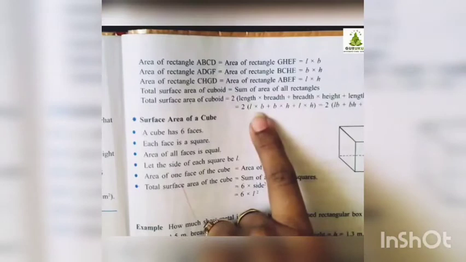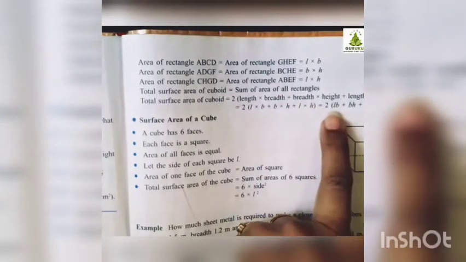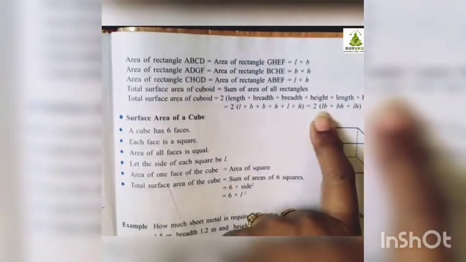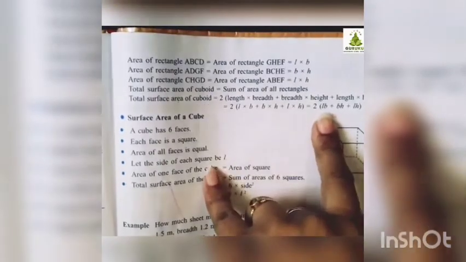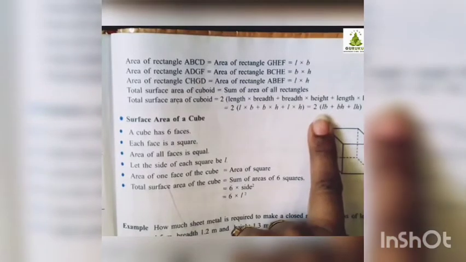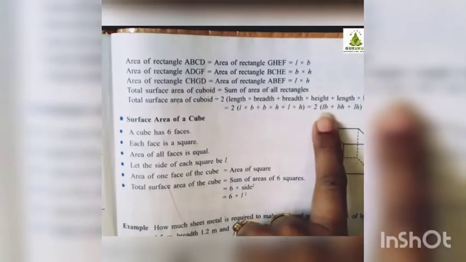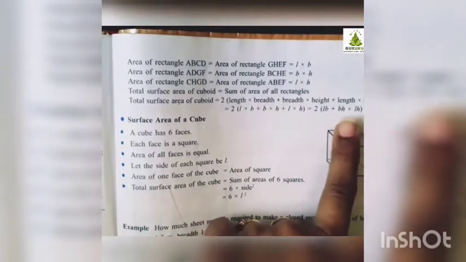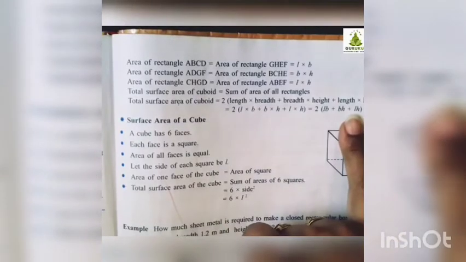The same thing we can write as 2 into bracket LB. Either you put a multiplication sign or you don't, it is okay. See how to remember this: LBH, length, breadth, height. First comes length and breadth, then breadth and height, and then length and height.